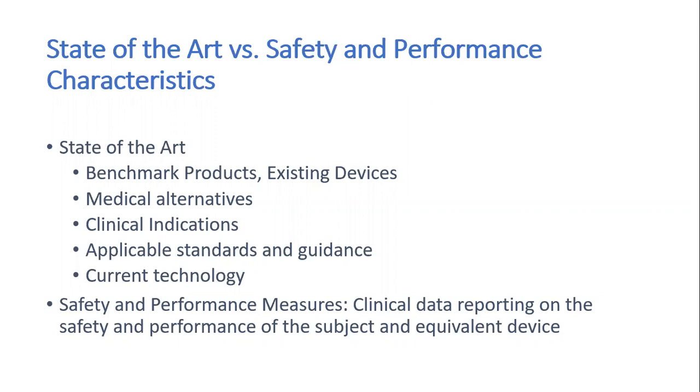Then the clinical indications, medical alternatives. Medical alternatives are the other alternative treatment methods. With medical alternatives, the intended use may not be the same. It may slightly differ. I'll give an example, like a face mask. A face mask is used for the protection of the user from the environment and other users. Similar to the face mask, we have the face shield.